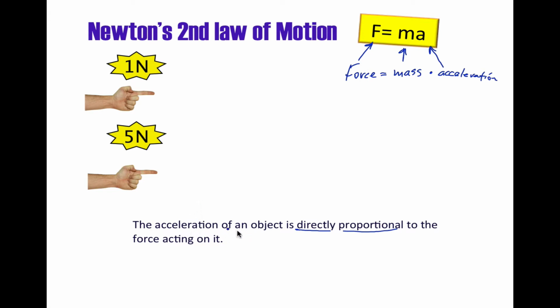So all this means is that if force goes up, then acceleration goes up. If force goes down, then acceleration is going to go down. So they're directly proportional to one another.